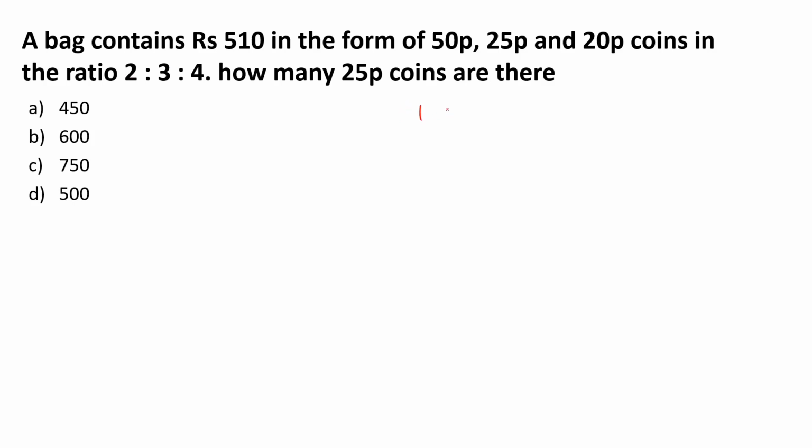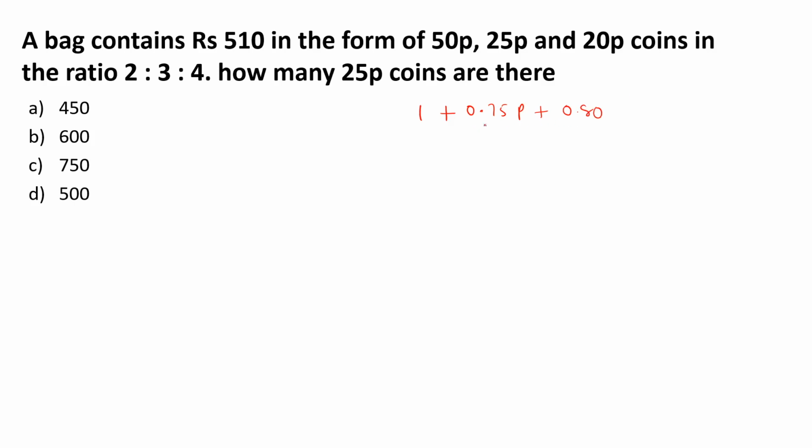When there are 3 25 paisa coins, then the amount would be 0.75 rupee, or 3/4 of a rupee. When we have 4 20 paisa coins, that amount would be 80 paisa, that means 0.8 rupee.